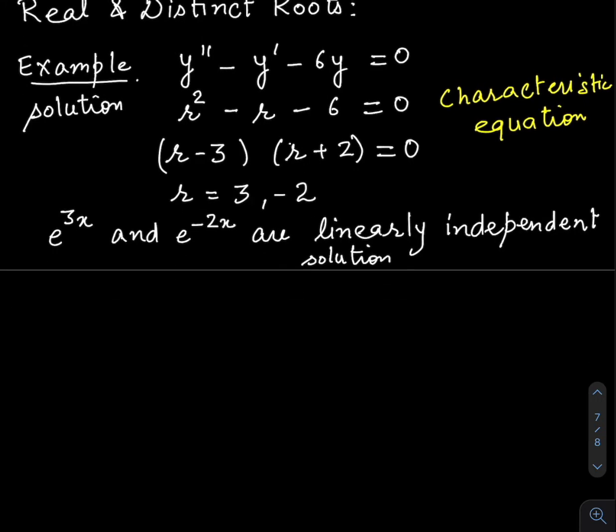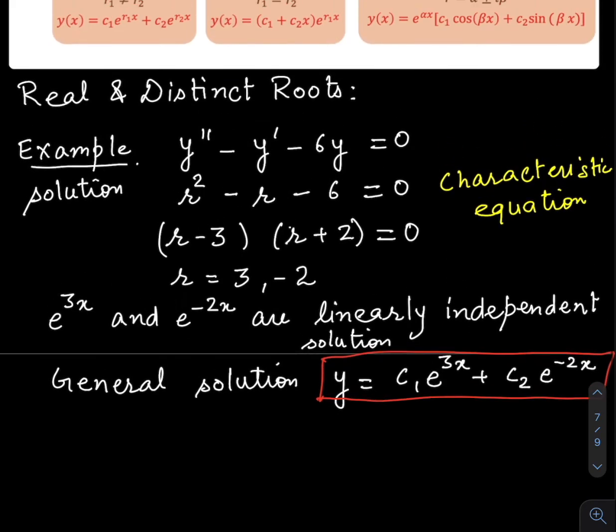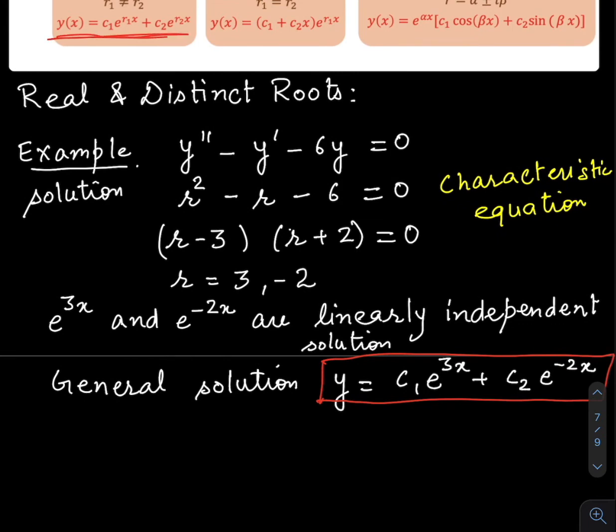So the general solution is given by y equal to c1 e power 3x plus c2 e power negative 2x. This is our general solution. Like here, y of x is c1 e power r1x plus c2 e power r2x. Let's see one more example.